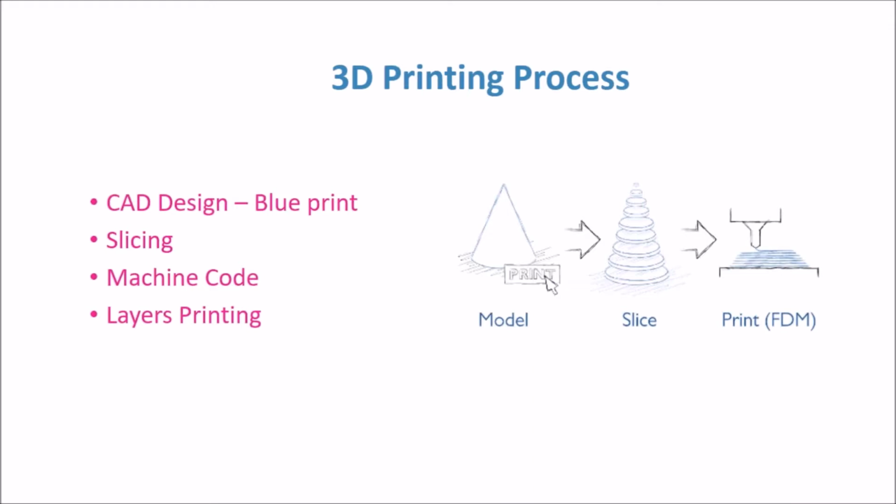Once we choose the best parameters, the best orientation, the best density and so on for the model, we can slice it using a slicer, a specific software, and translate it into machine code. In terms of 3D printing, it's called G-code. I think the majority of users use Cura, and maybe some of them use Simplify3D, and other companies use a customized slicer for their own printers.